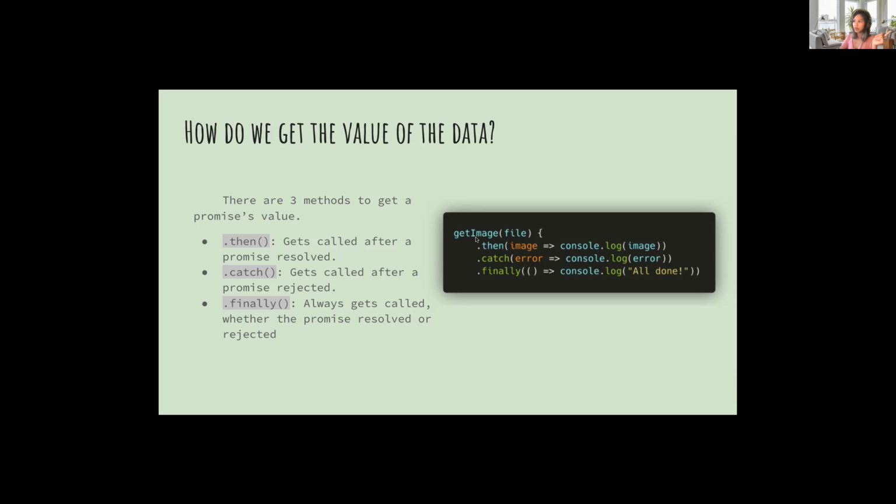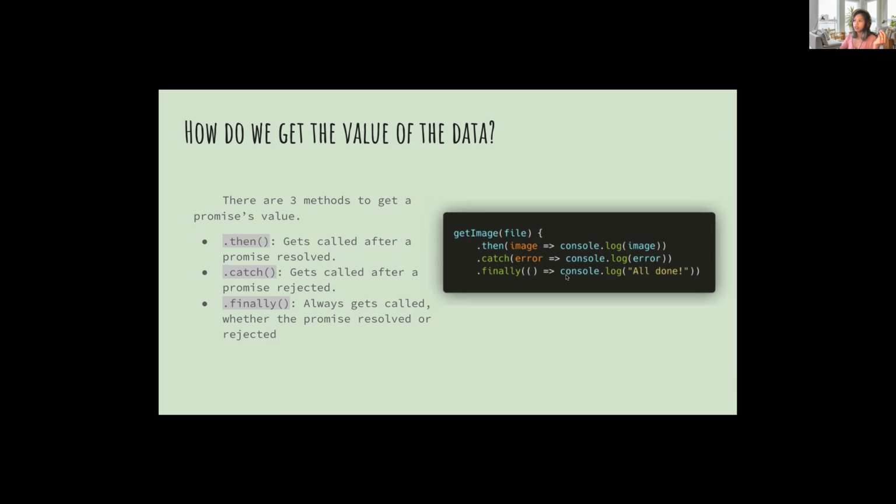Basically we say that we get the file, and then we'll see if we get that image back. If not, we will skip this slide and go to the next slide and say catch, something went wrong, we get the error back.